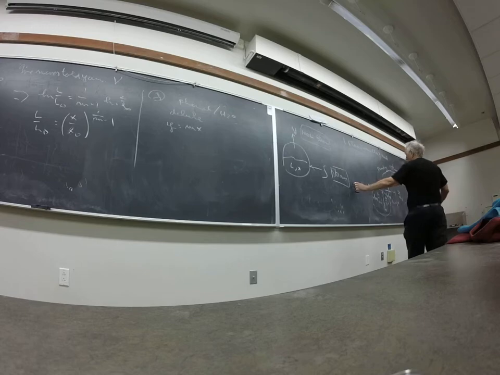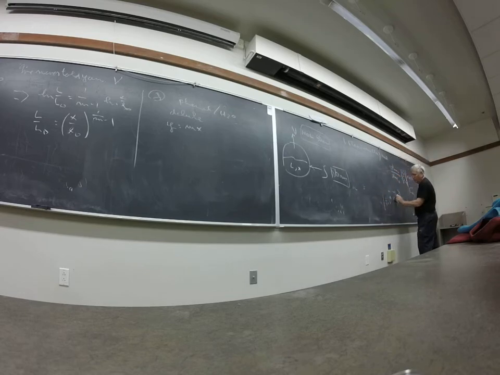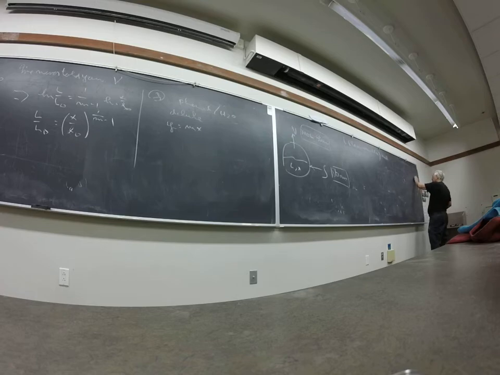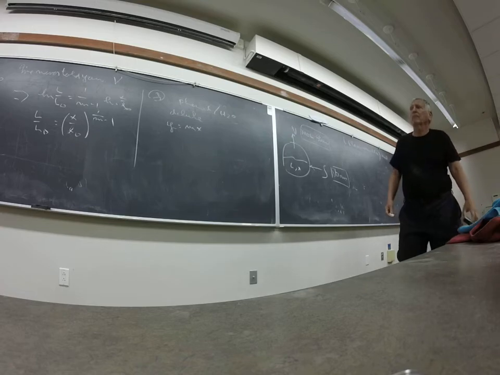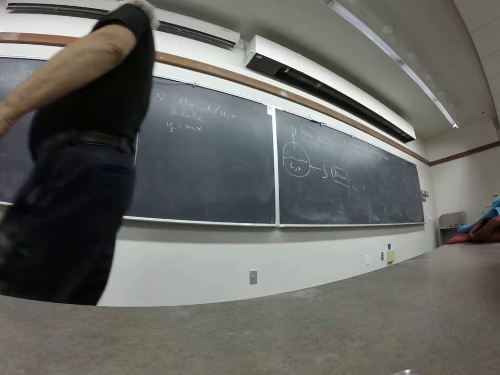So I go back to square one and write my balance equations. That's really the message here: you always go back to square one and write your balance equations. So what do they look like?